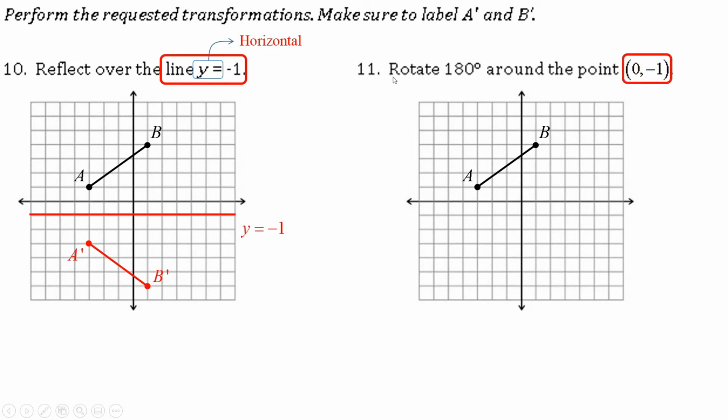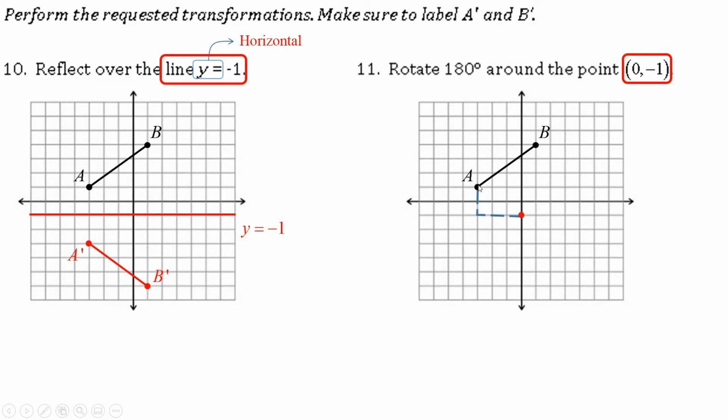Okay, now rotate 180 degrees around the point 0, -1. So first, we have got to be able to plot that point. x equals 0, y equals -1, right there. Now, rotating 180 degrees, I love a 180-degree rotation because all I need to do is take my anchor point, point A, and find the slope from A to our point of rotation.